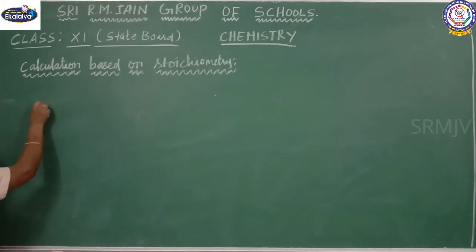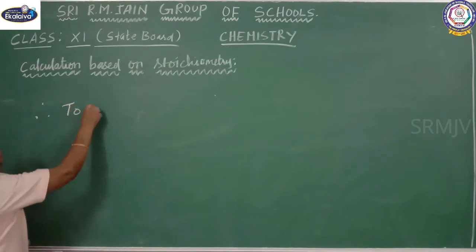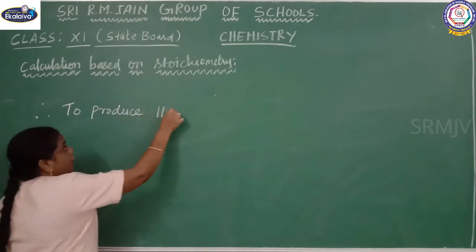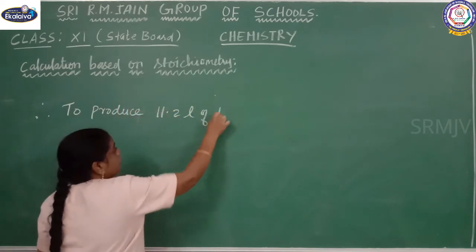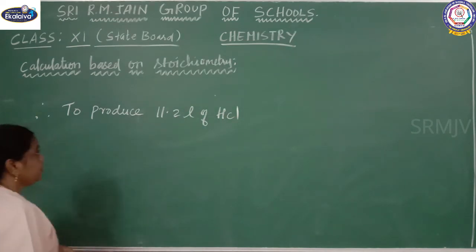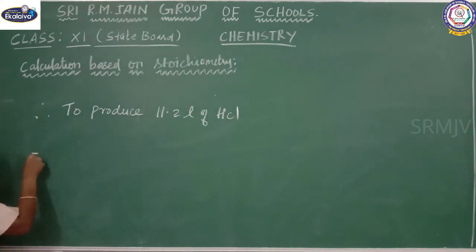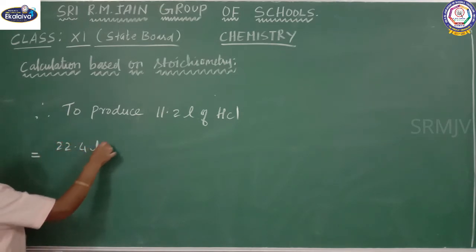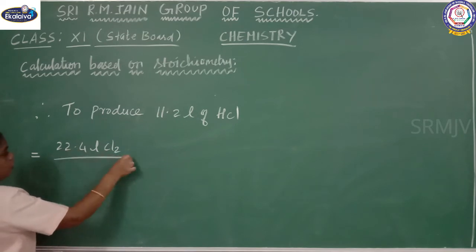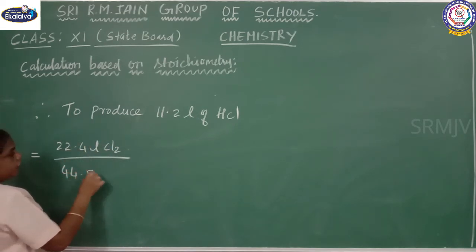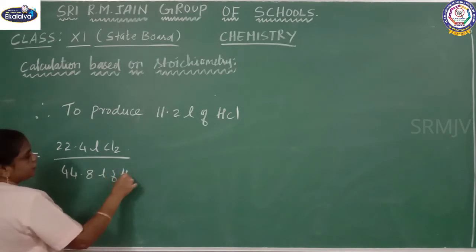Therefore, to produce 11.2 liters of HCl, the volume of chlorine required: already we know that 22.4 liters of chlorine is involved in producing 44.8 liters of HCl.